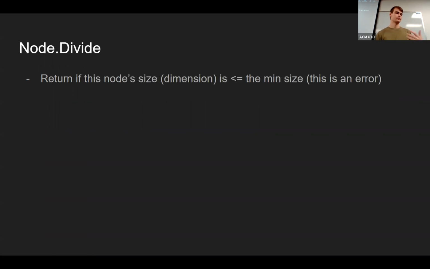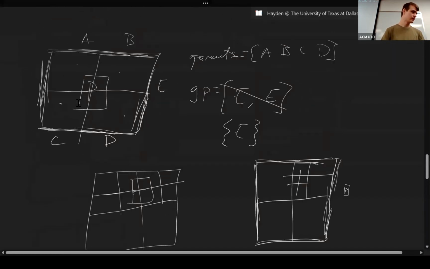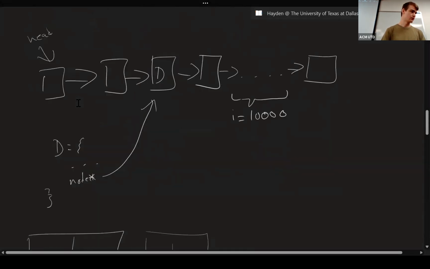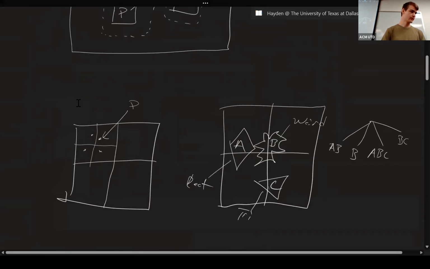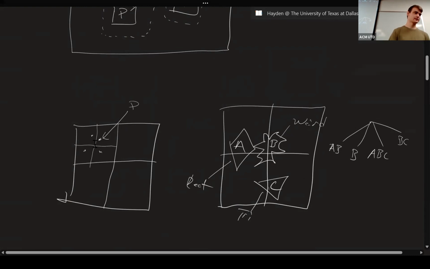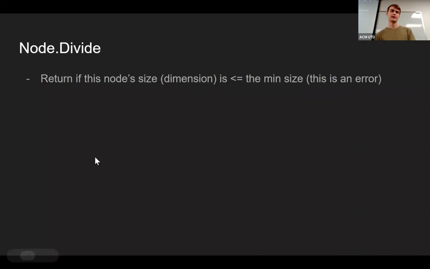So dividing is also recursive, of course, as I showed you. You can end up in a situation where, if you have this arrangement of things, there's still 4 elements in that top left quadrant. So we need to divide again and again until it's resolved.